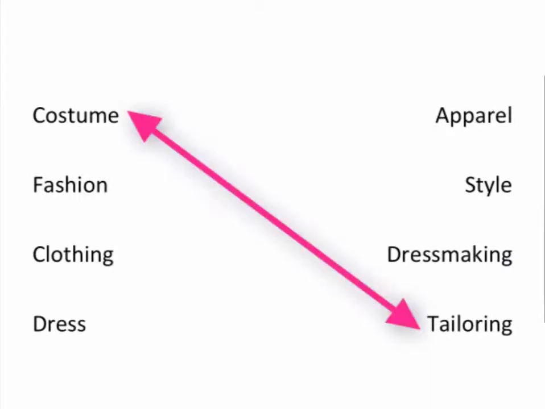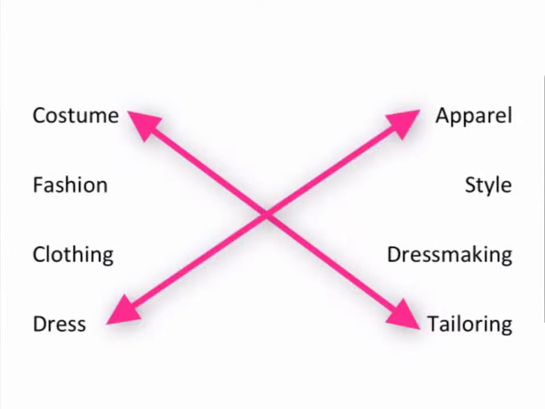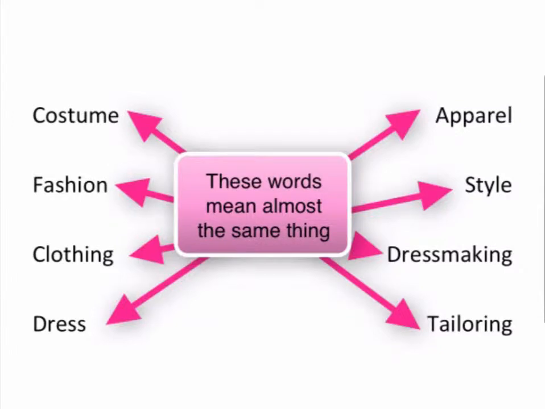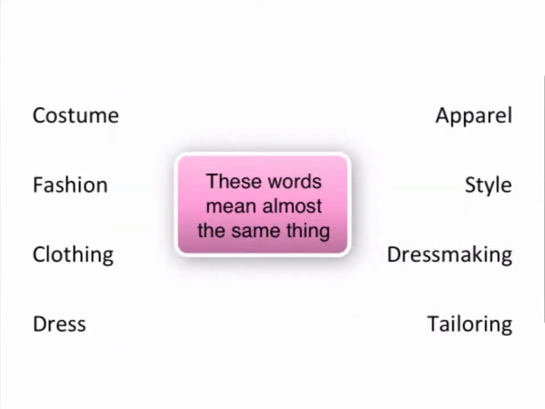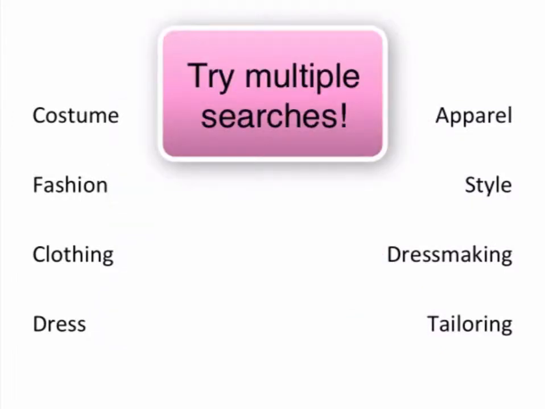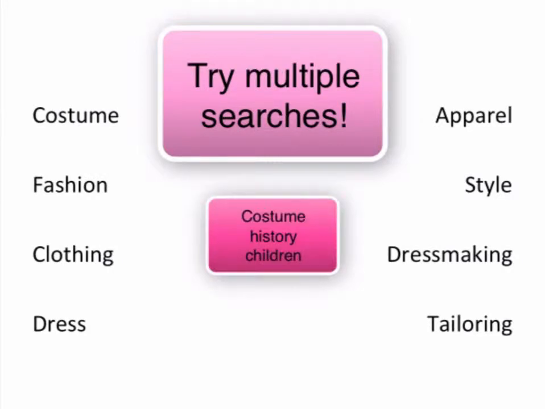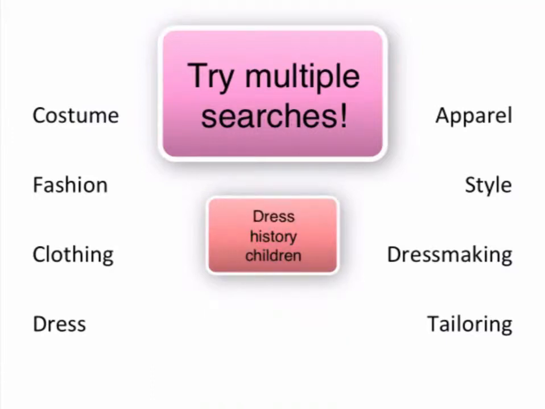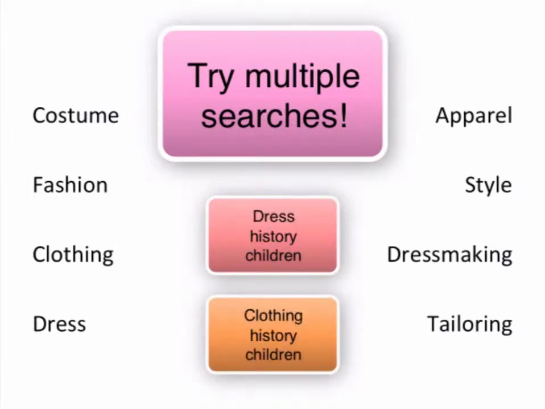So in the case of historical costume, words like costume, fashion, clothing, dress, and apparel all basically mean the same thing. There's also related words like style, dressmaking, tailoring. So it's important to try multiple searches using different words. If you only search using the word costume, you will miss out on a really useful book or article that happens to use the word fashion or the word dress.